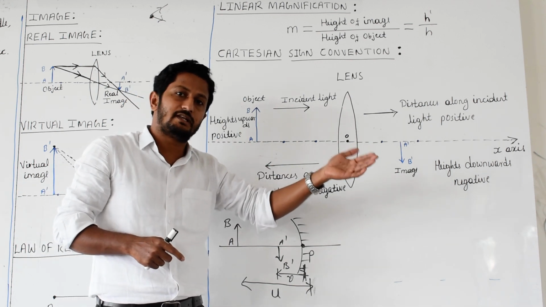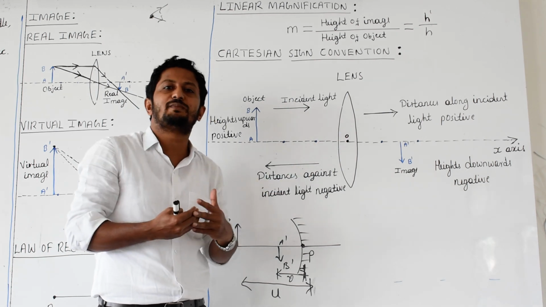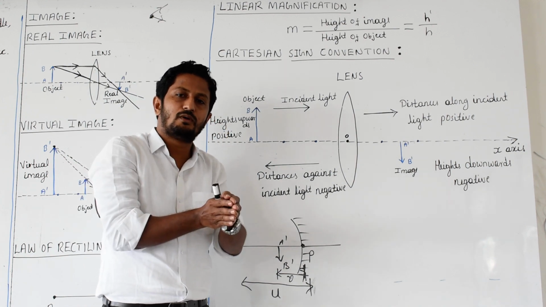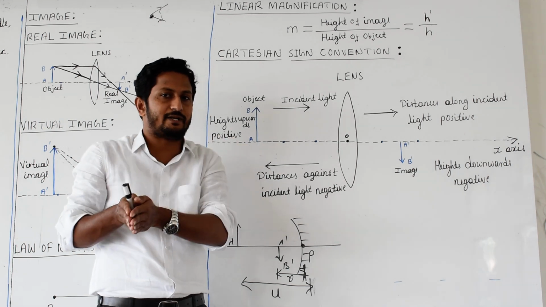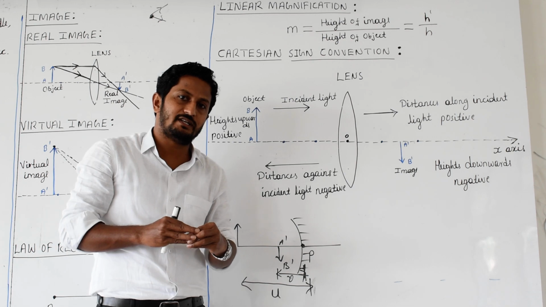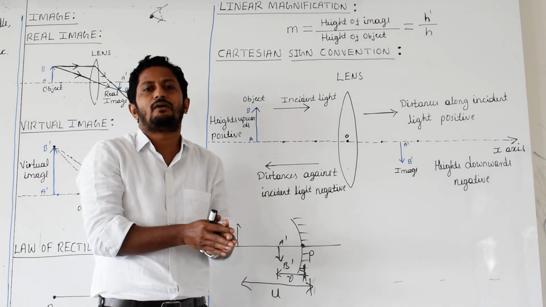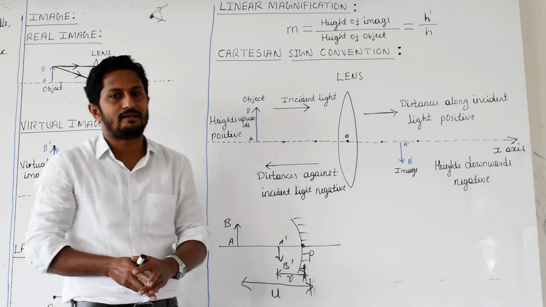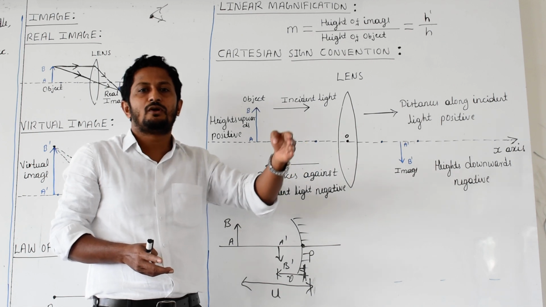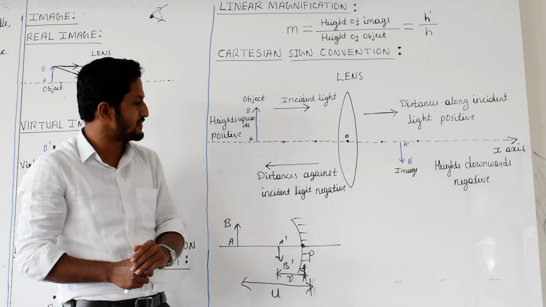Focal length will come, we will discuss later. The focal length measurement should also be from the optic center to the respective point. Radius of curvature will also come. All these distances should be measured from the optic center or pole point. This is the first sign convention.